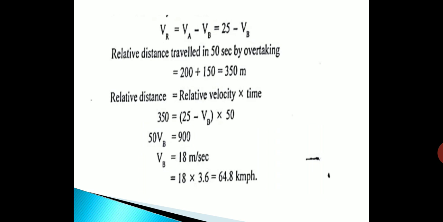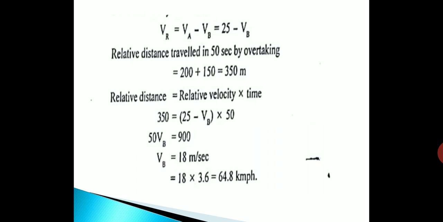Here we have to determine the relative velocity of train A with respect to train B. That is, the equation comes as VR is equal to VA minus VB.